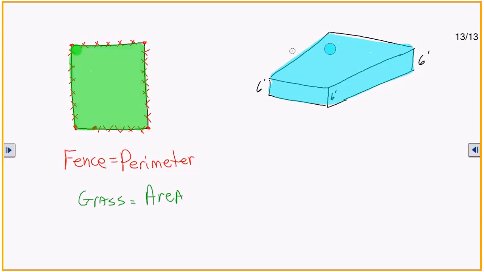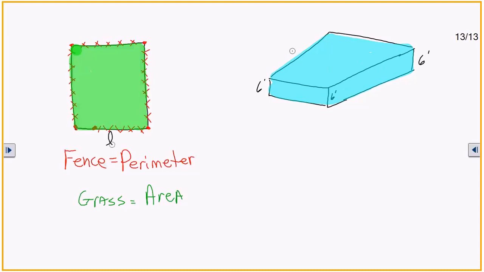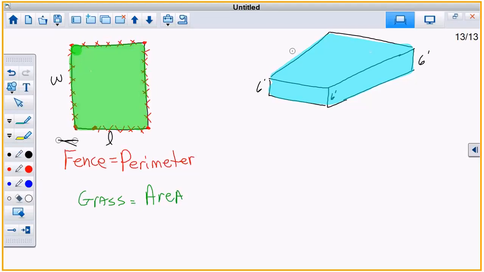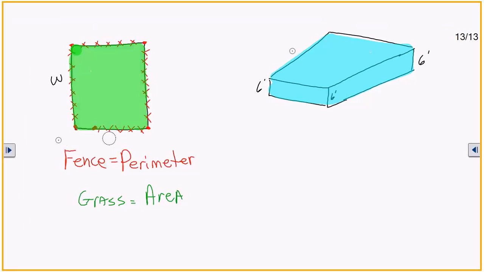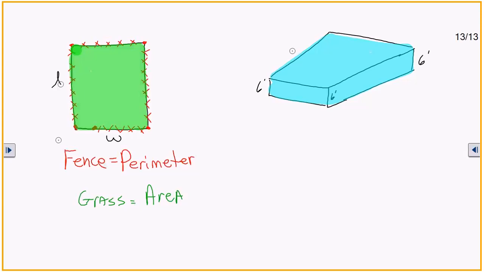Well, when I add that third dimension of depth, because I had length and width, or width and length, you can turn them around, it doesn't matter. Let me change that because some people will have conniptions because I made this the length. So we're going to call that width, and this is length.